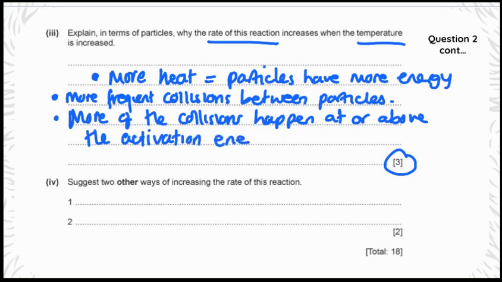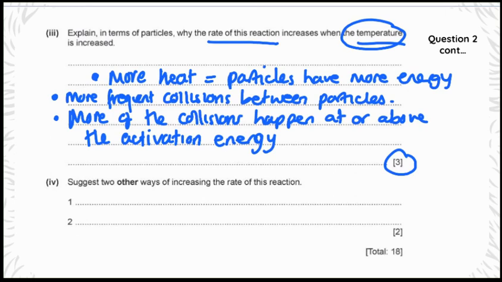Remember, in order to actually have a successful chemical reaction, particles need to collide at the correct orientation and at or above their activation energy. So whenever they're talking about temperature, there is always 2 reasons why the rate of reaction is increased. It's more frequent collisions, and all of the collisions that happen have more energy.